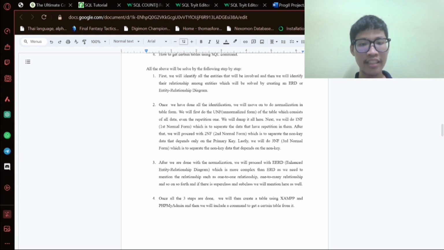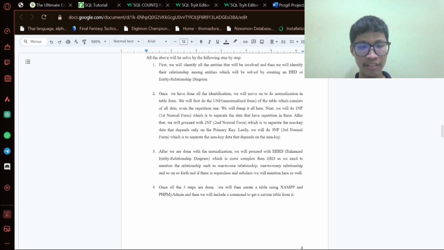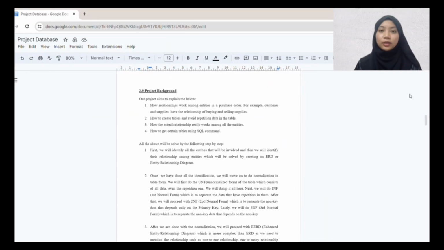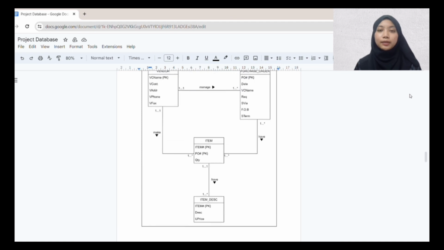Once we are done with the normalization, we will proceed with EERD, or enhanced entity relationship diagram, which is more complex because EERD has superclass and also subclass. And then after we are done with the EERD, we will proceed to create a SQL command or table using XAMPP and phpMyAdmin. So here we have our entity relationship diagram.